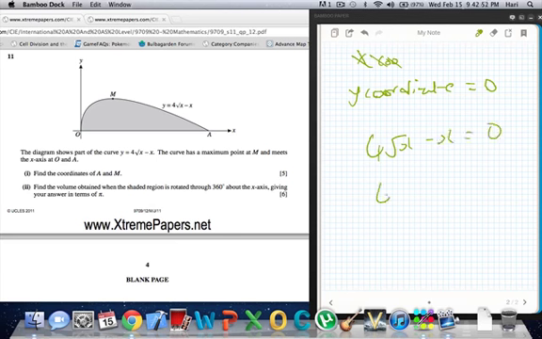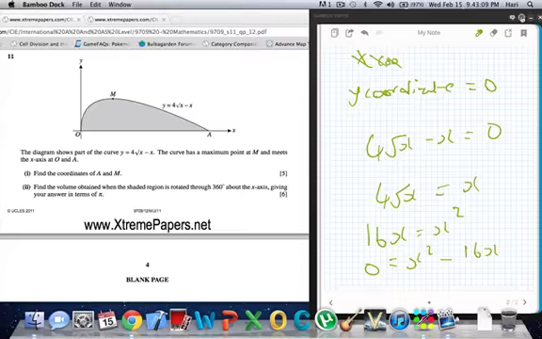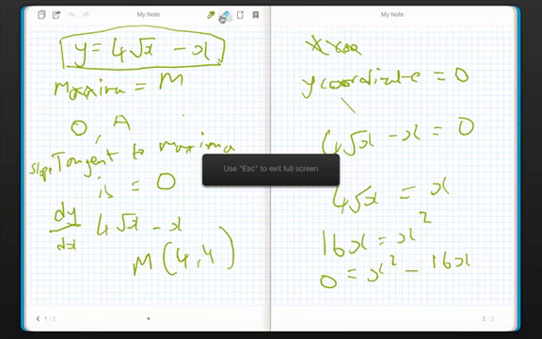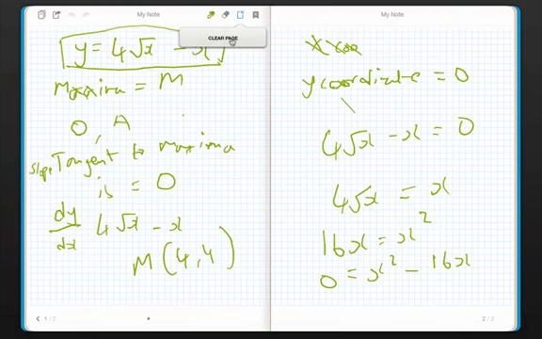Therefore, we want to know where 4 root x is equal to x, where 16x is equal to x squared, whereas x squared minus 16x is equal to 0. I hope you've got this.